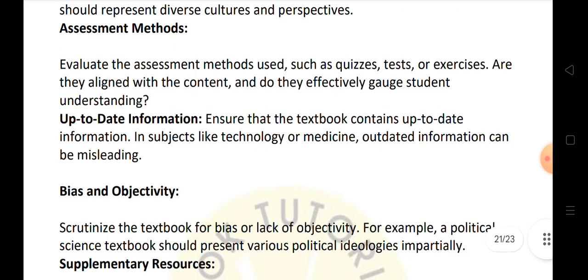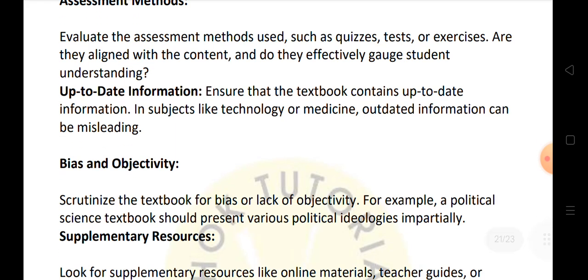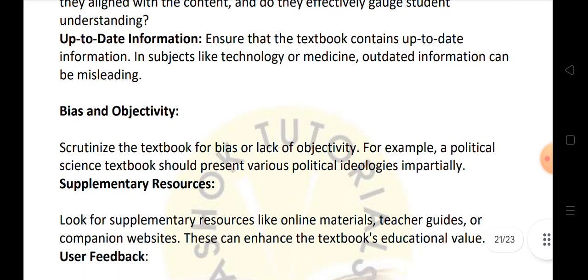Now assessment methods. Now how are we going to assess it? So assessment can be done by quizzes, tests, exercises, right? These are different ways by which we can assess or analyze how much of the content was learned by the students. Now up to date information.